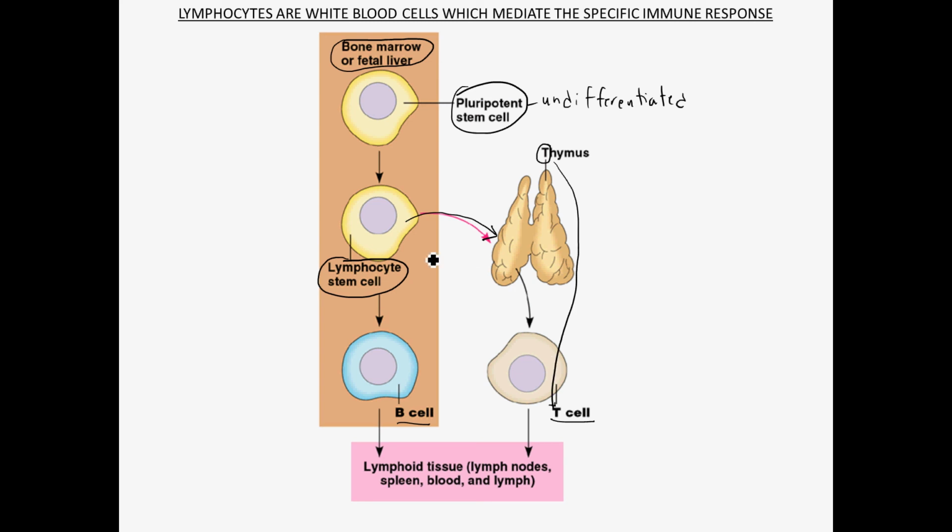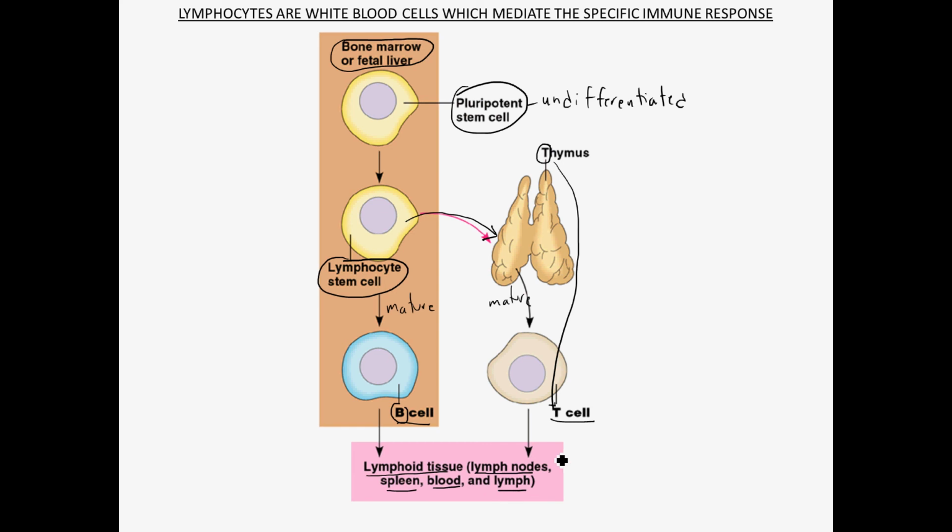This is why they are T cells. The lymphocytes that remain in the blood or in the bone marrow are then referred to as B cells, and so they're going to mature. So this is mature, and this is mature here. Regardless, both these B lymphocytes and these T lymphocytes are now referred to as lymphoid tissue, right? And again, they hang out in the lymph nodes, the spleen, in the blood, as well as the lymphatic fluid.